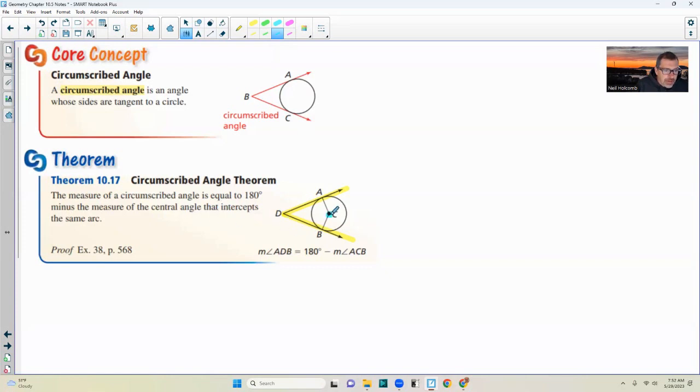So here's the center of the circle, C, and it's forming a central angle ACB. So you take 180 degrees minus that central angle, and that's your exterior angle. So if you don't know the arc measure AB, the major arc, and I should have another dot out here because I can't name two arcs the same name.